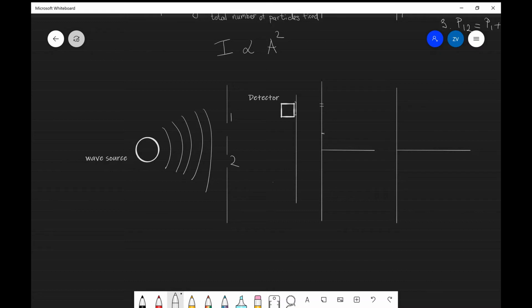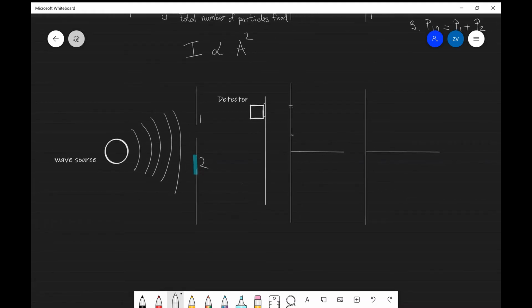Okay, well, let's do exactly the same experiment. The first thing that I'm going to do is close slit number 2. Now, once again, we're going to plot, well, not quite the probability in this case. Let's plot the actual intensity of the wave. We're going to see why we're plotting the intensity in a moment's time.